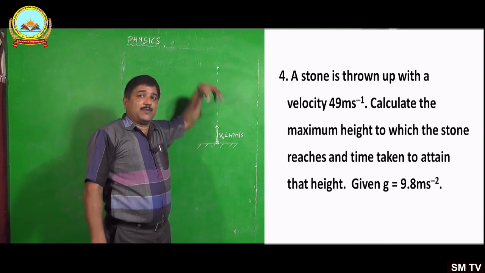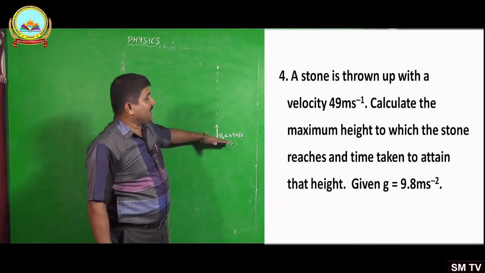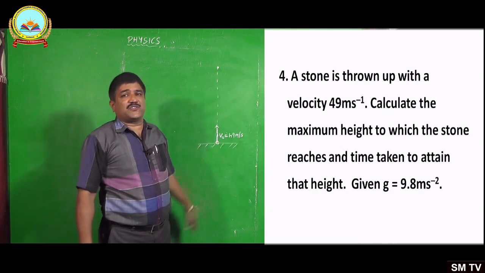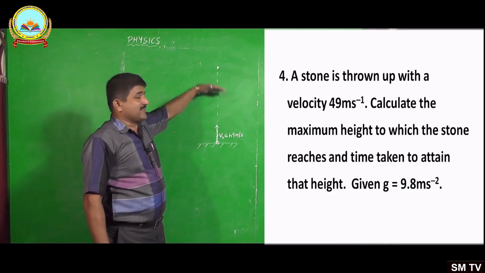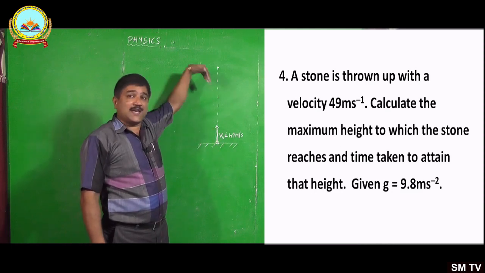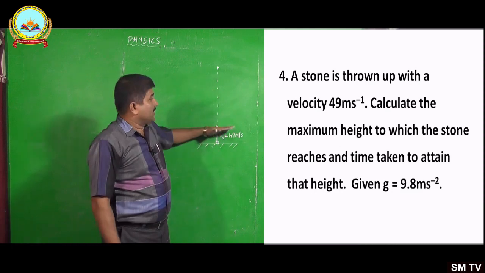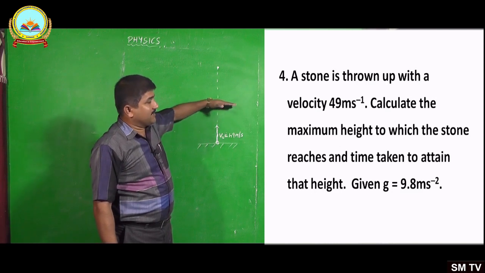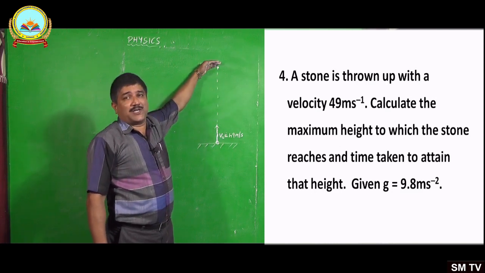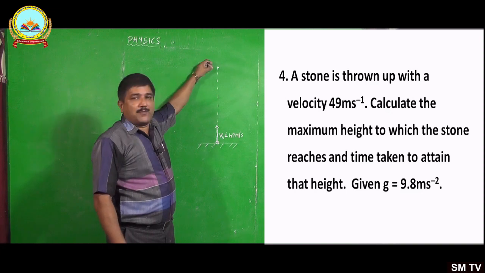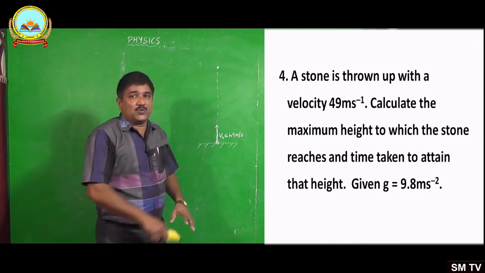So acceleration will be downward. So continuously the velocity of the stone decreases because it is accelerating downward. Finally, at the highest point the stone stops for a moment and starts falling downward.